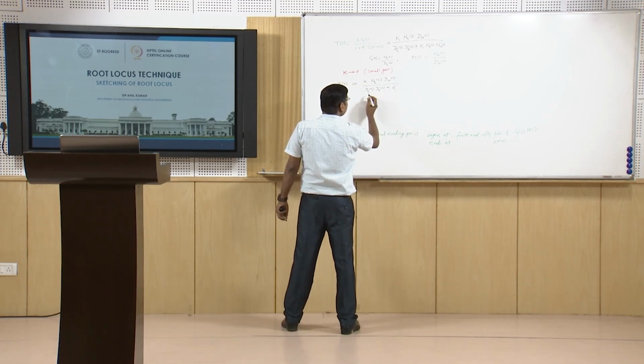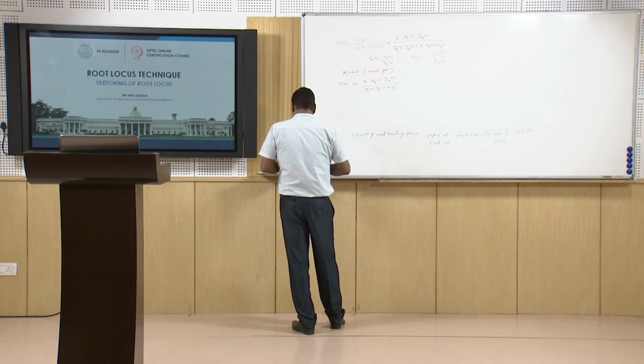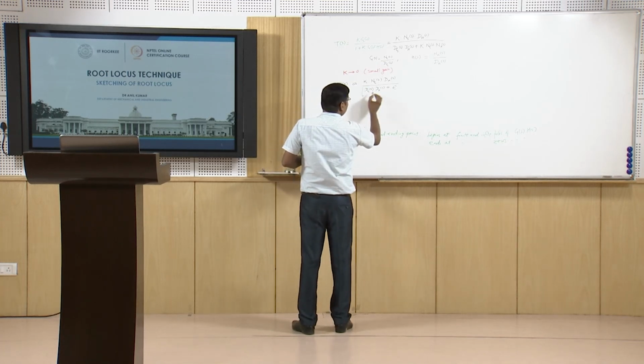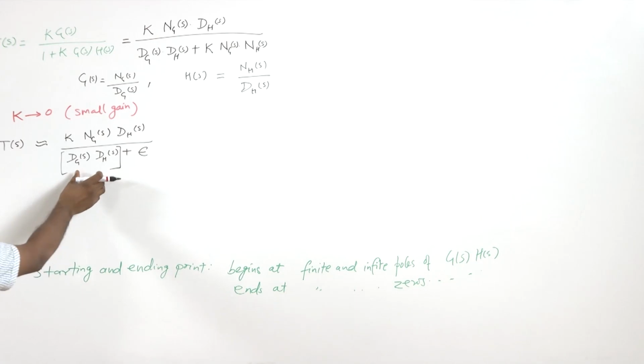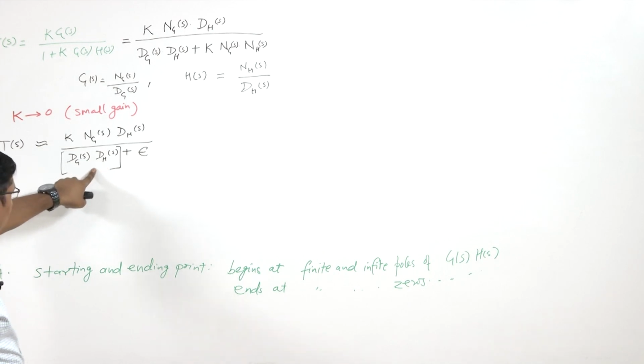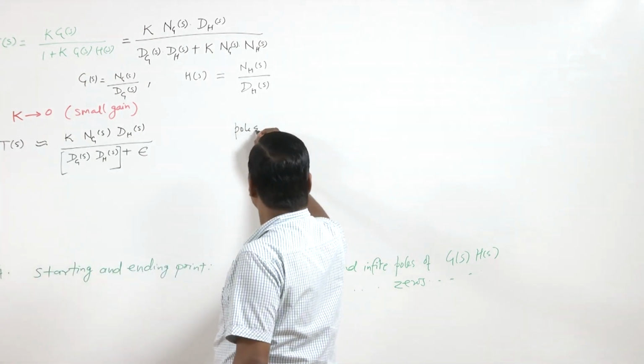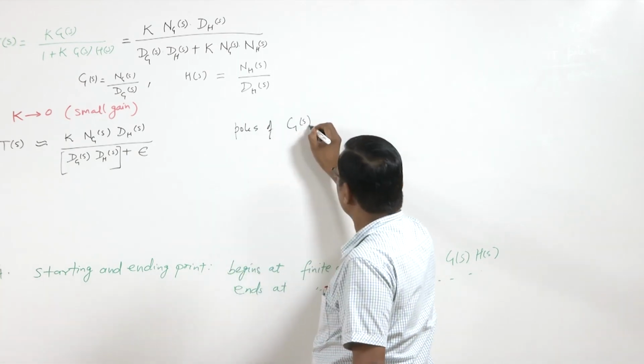We see that this is more effective here, and this is negligible. So these are what? These are the poles of G(s)H(s). Okay, so the poles of G(s)H(s).